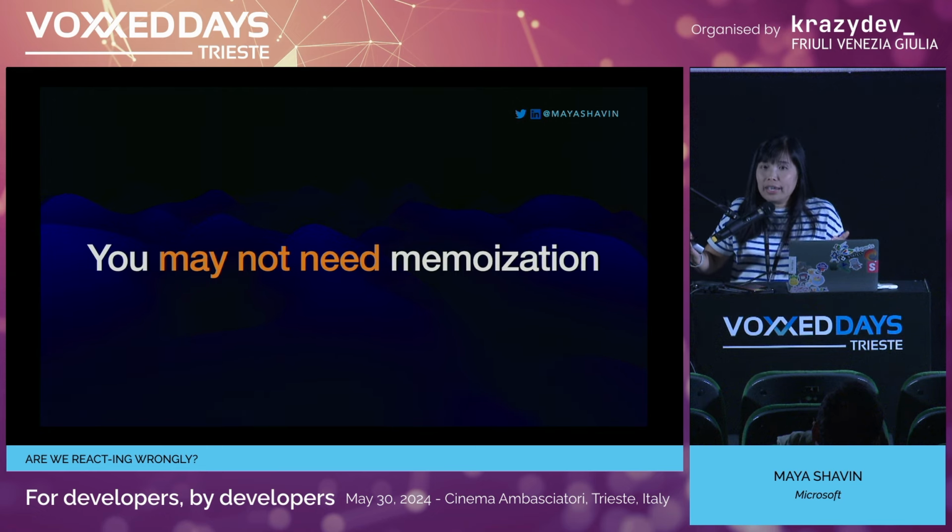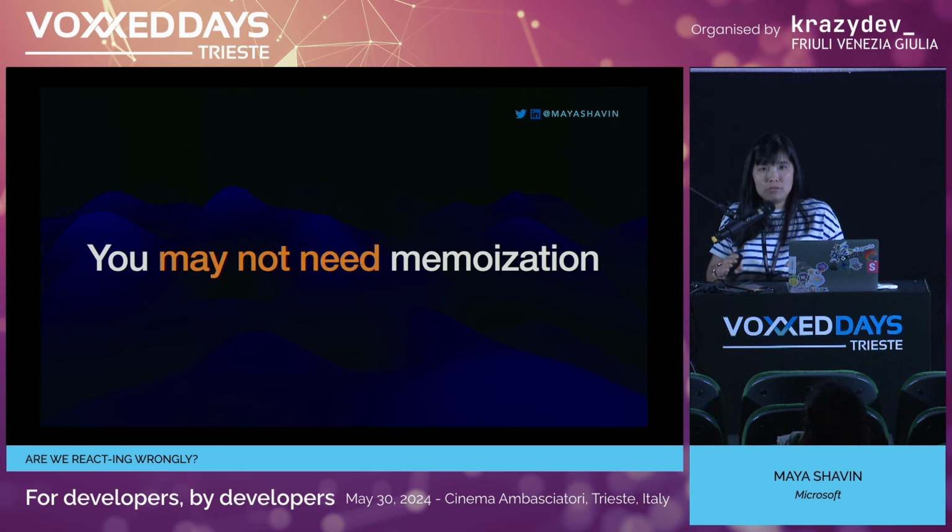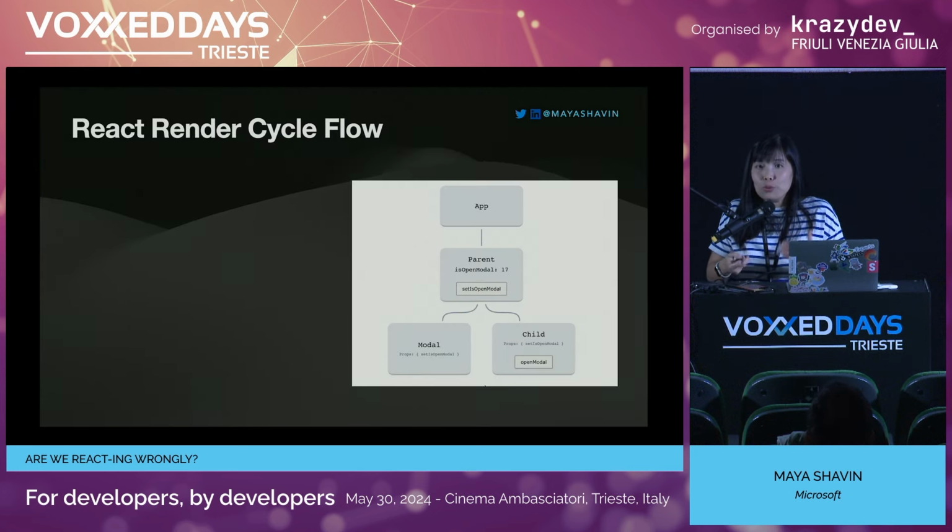These are the cases I saw that may need memoization because it's a very complex calculation. But otherwise, if you have a very simple function, very simple list items or components rendering text, you don't need memoization because it's probably not free.